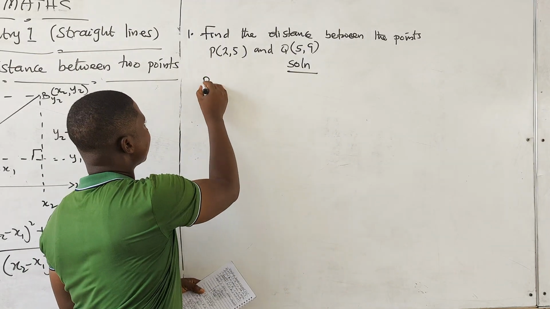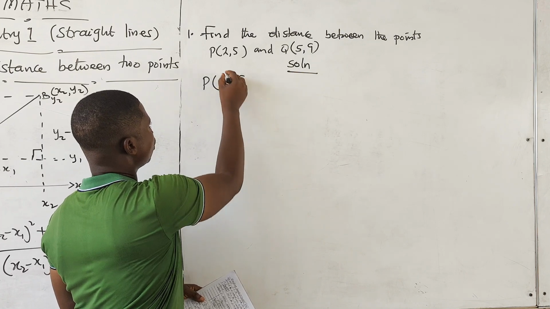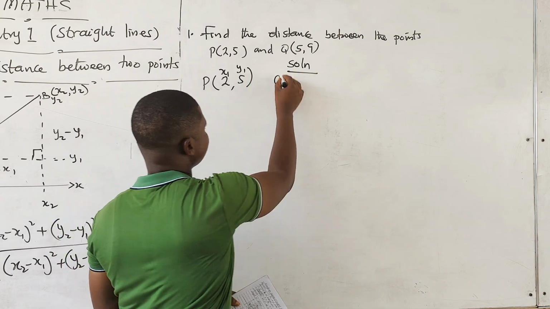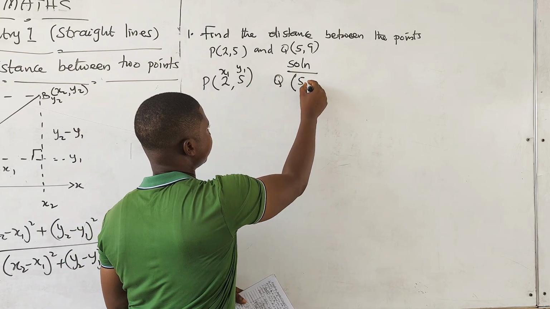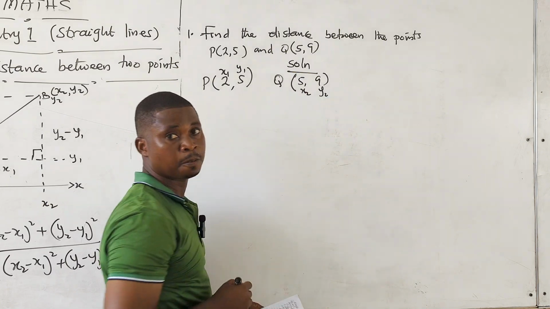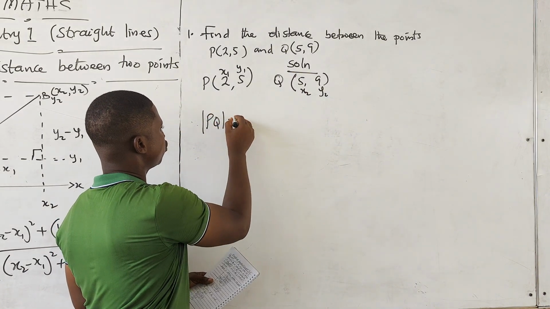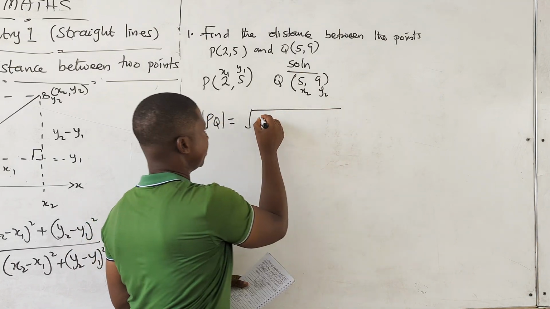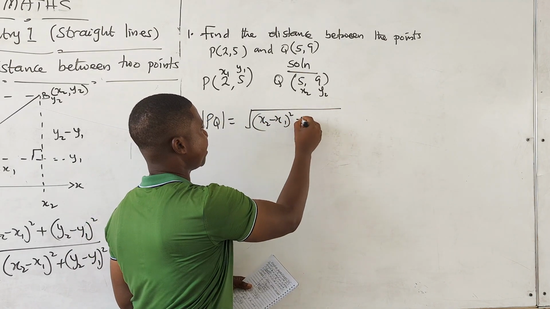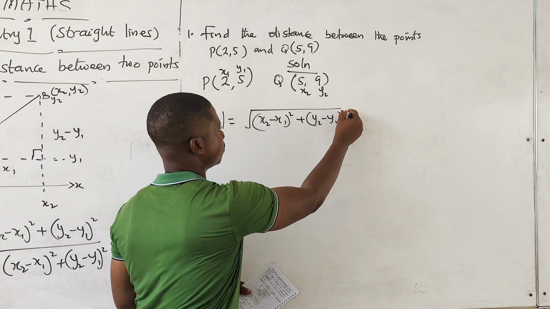So let's look at P(2, 5). Let this one be our x1 and this one be our y1. Then Q(5, 9), so x2, y2. From the formula, we have PQ is equal to the square root of x2 minus x1 all squared plus y2 minus y1 all squared.